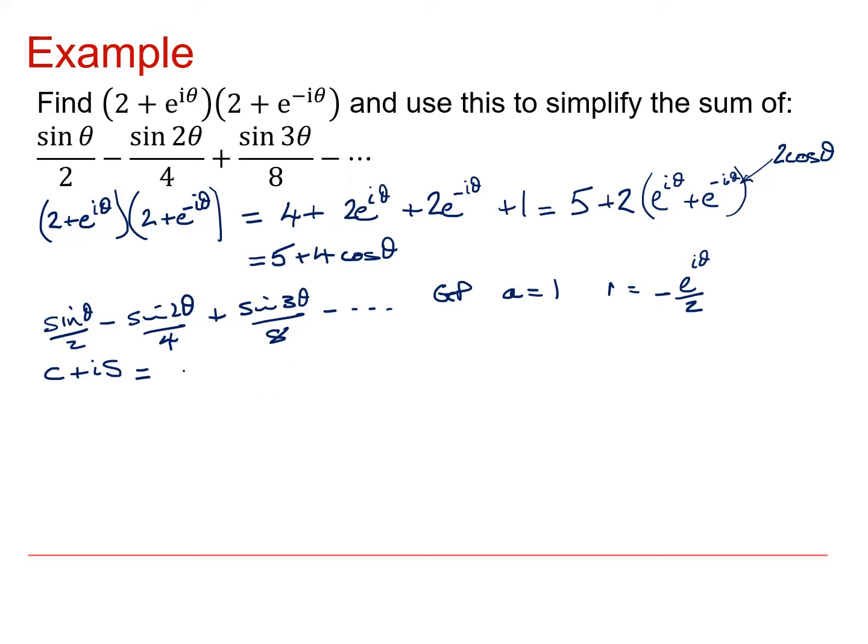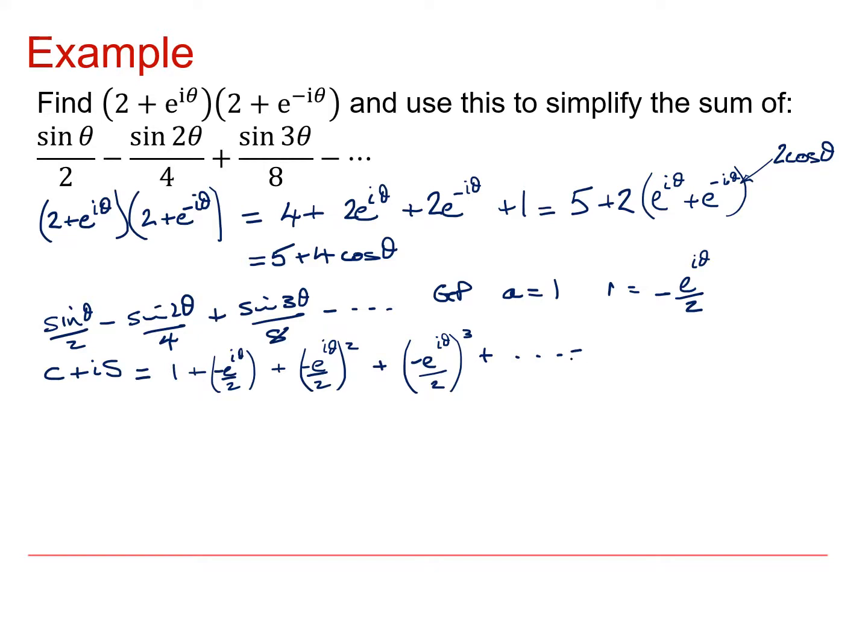So if we write out the series then, it's going to be 1 plus minus e to the i theta over 2 plus minus e to the i theta over 2 squared plus minus e to the i theta over 2 cubed, and so on.